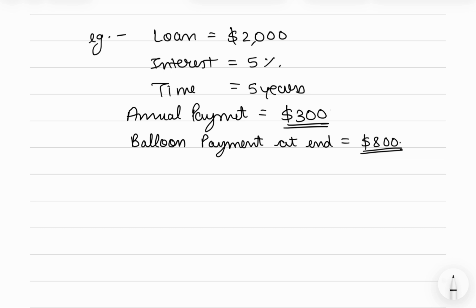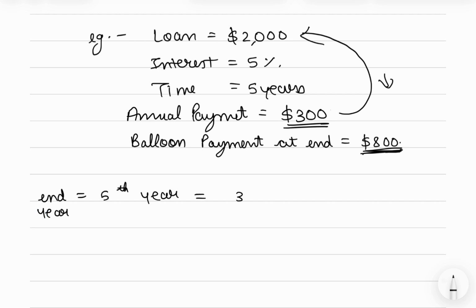So now year on year the same structure will follow, that we will pay 300, some amount will go to interest and some will go to the principal, and this loan amount will get reduced over the years. But in this case, at the end year, that is our fifth year, we will pay 300 because that is our annual payment, and we'll also pay 800.